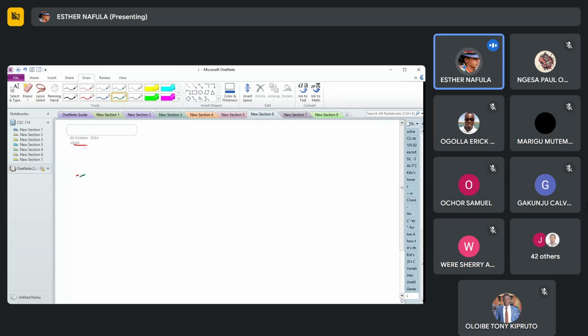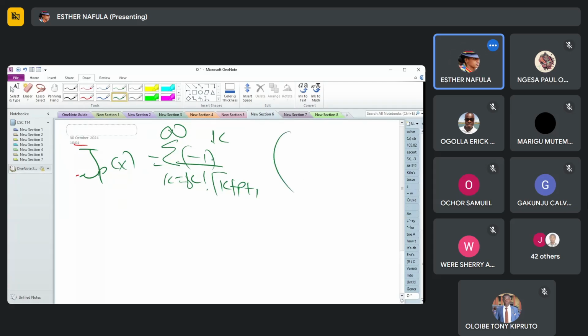My screen is misbehaving again. Jp of x is the summation from k is 0 to infinity, minus 1 raised to power k over k factorial, gamma of k plus p plus 1, x over 2 raised to 2k plus p.